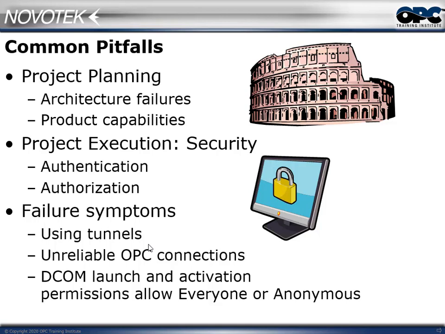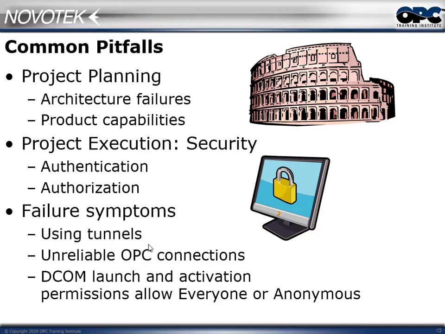So even though the products are okay, the OPC software you're getting, the security implementation isn't working out right. Now, very common symptoms that we see out there. Number one, people who are using tunnels are typically trying to compensate for security problems. And our training shows you how to get around tunnels, how not to use tunnels, how to configure security properly.